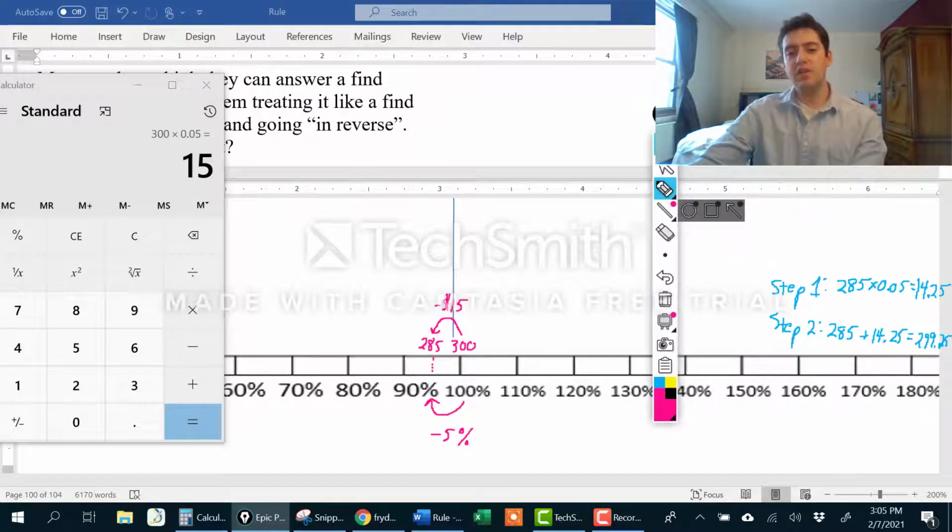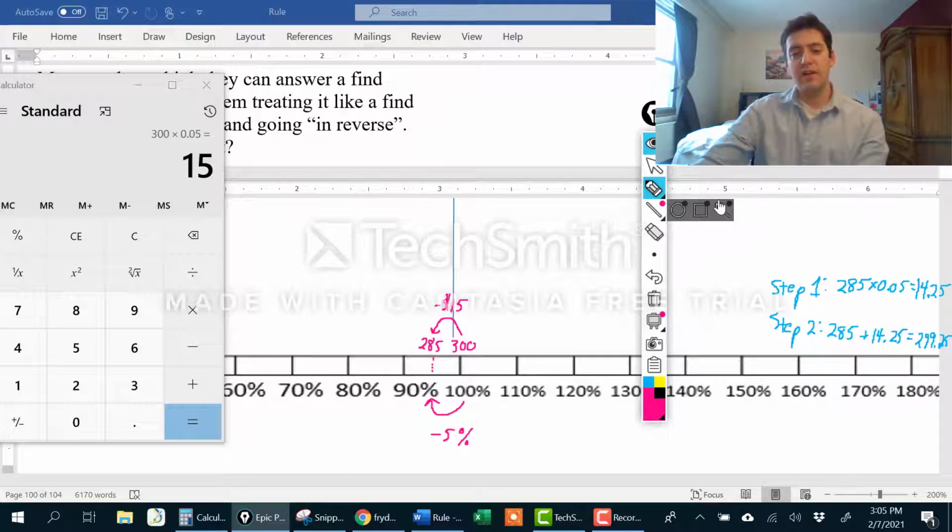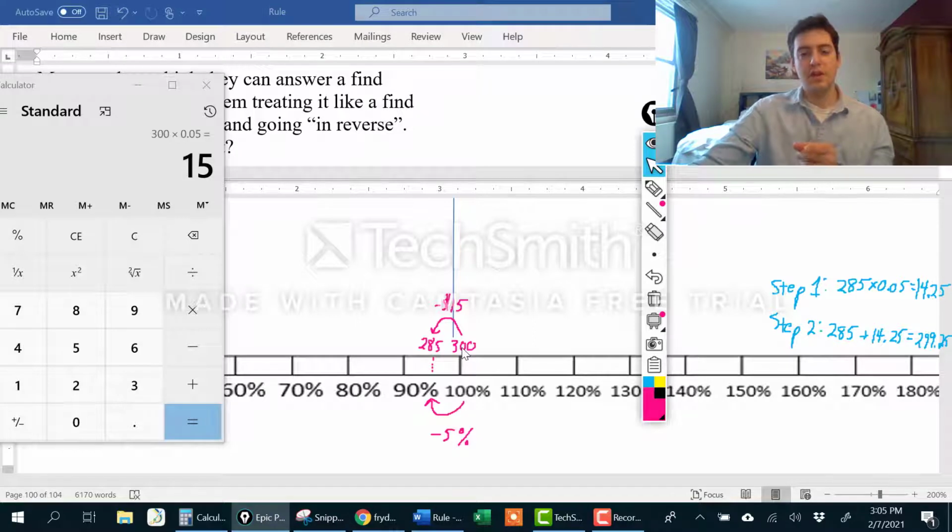But when students use this strategy, they don't realize that it's not going to work, because if they try doing it this way, then they're taking 5% of 285 instead of 5% of 300. So if they take 5% of 285, then you would only get $14.25. Okay, because 5% of 285 is not the same as 5% of 300.